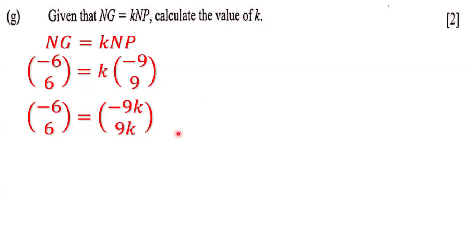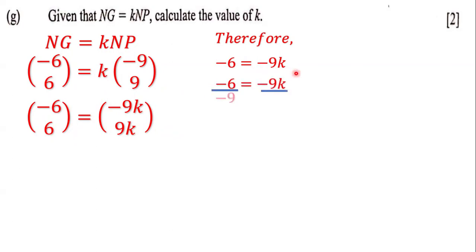And so what does that mean? Well, -6 must be equal to -9k, because these two corresponding entries must be equal if the vectors are equal. We're trying to solve for k, so we divide both sides by -9.